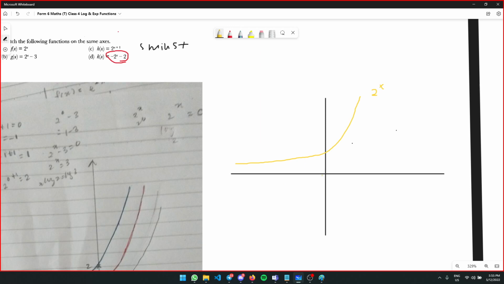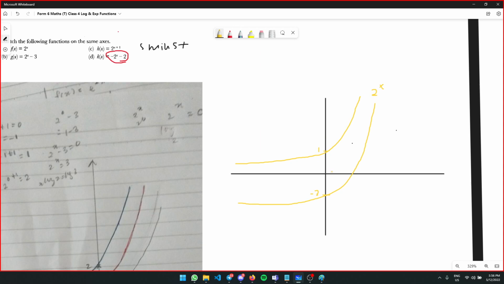Why down here? Because when x equals 0, it will be negative 3. So it's the same function, but just lower. Everything will be minus 3. So it will just be like this. Here, x equals 2 will be 1.